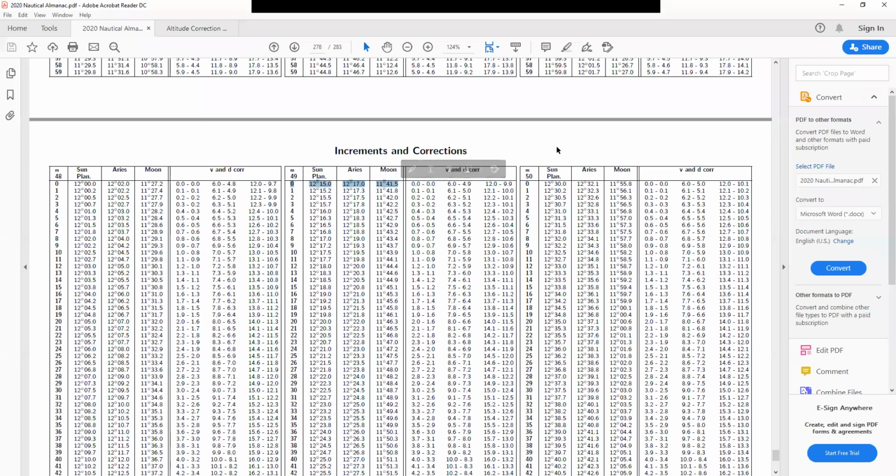And obviously we're dealing with stars. People, this is very important. We're dealing with stars, so don't take this value because we're so used to just going to the almanac and taking the first one that you see here for sun planets. Then remember, in this case, we're looking at the stars. We're dealing with the stars, so we need to look at Aries. That's very important. So we're interested in the value for Aries, which is 1217.